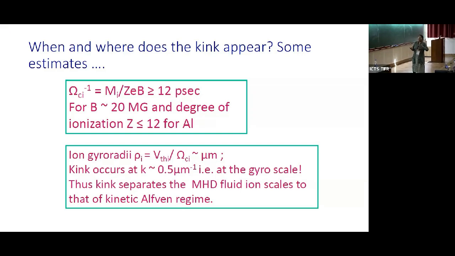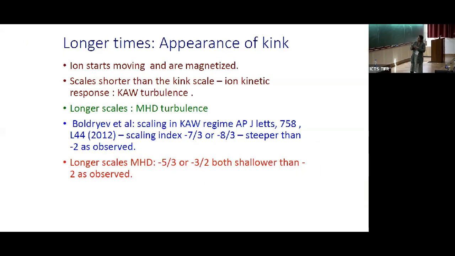So now the spectrum has evolved from electron dynamics dominated regime to the ion dynamics dominated regime. And the kink basically separates the MHD fluid regime from the ion kinetic regime, because this is the ion gyro radius scale where the kink appears. So at longer times, you can see that the turbulence has evolved from one particular species to another particular species, but now from the reverse side.